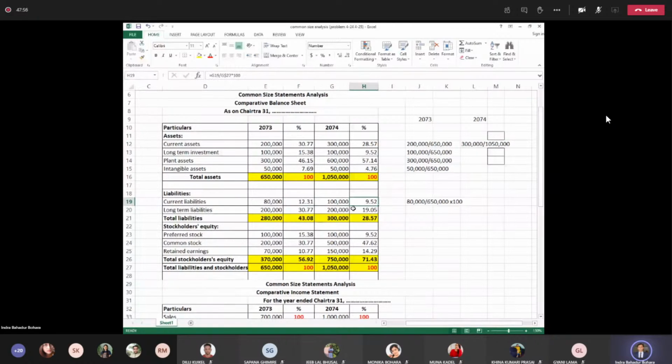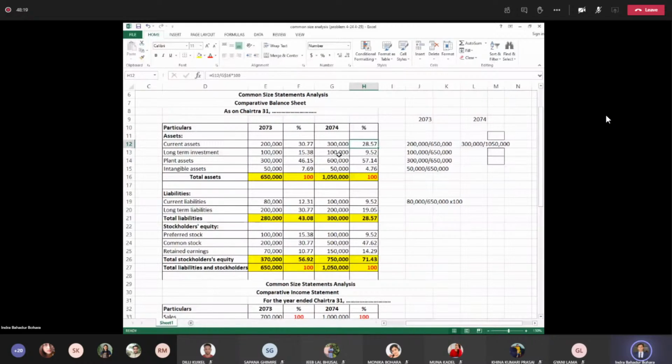Liability also decreased. So the percentage of current assets decreased from the previous year to the current year. Increasing the portion of current assets is unproductive because increasing current assets does not produce additional income.